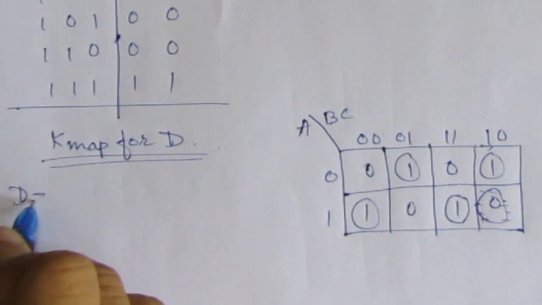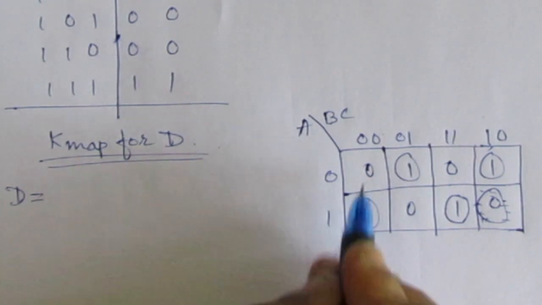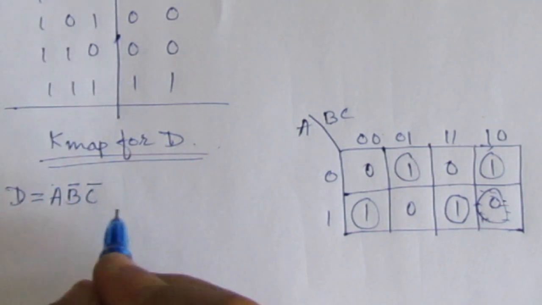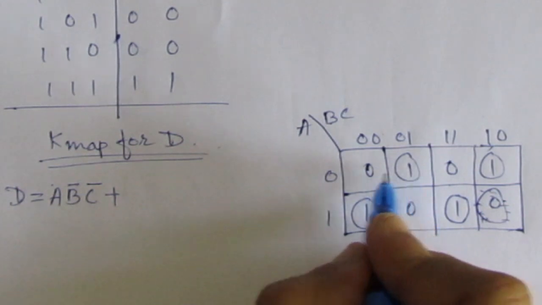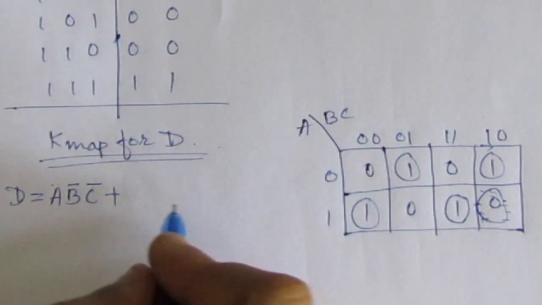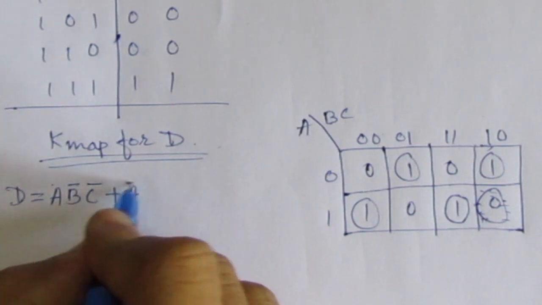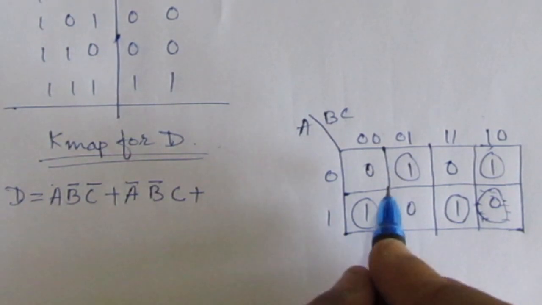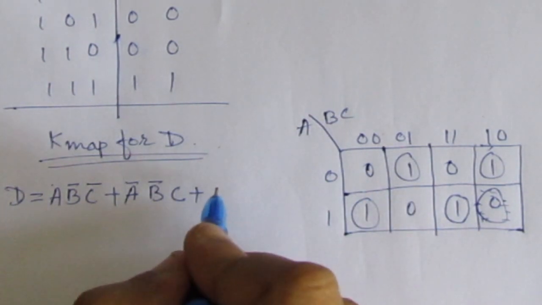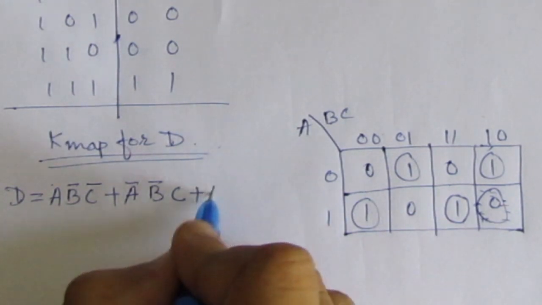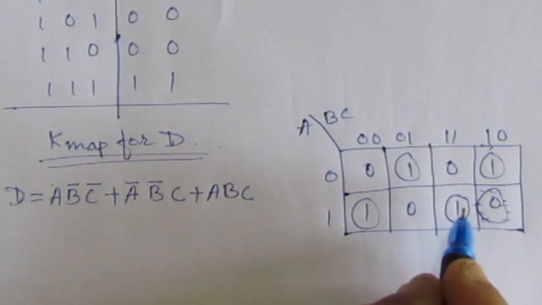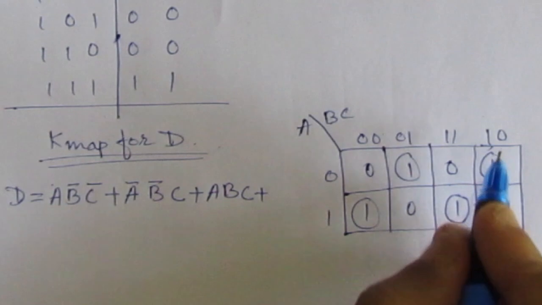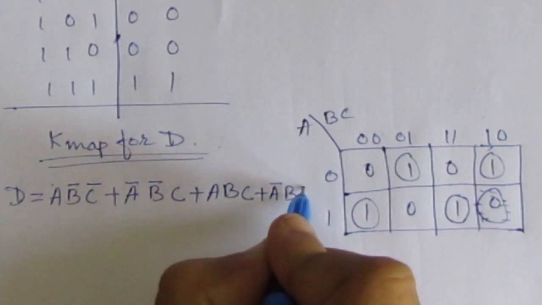Therefore D equals, for this term we have A B bar C bar, plus for this term A bar B bar C, plus for this term A B C, and for the last term we have A bar B C bar.